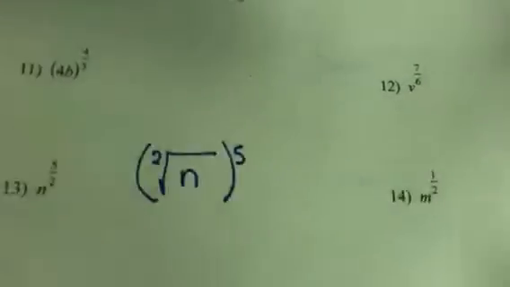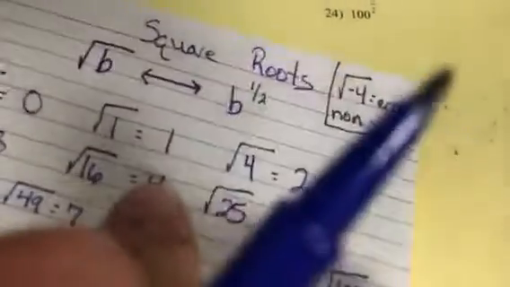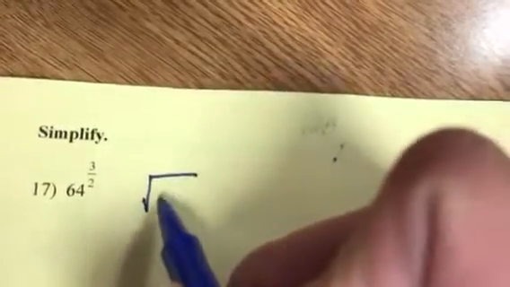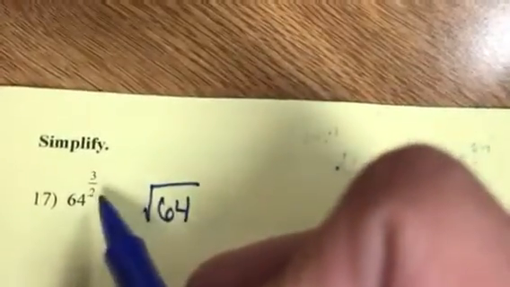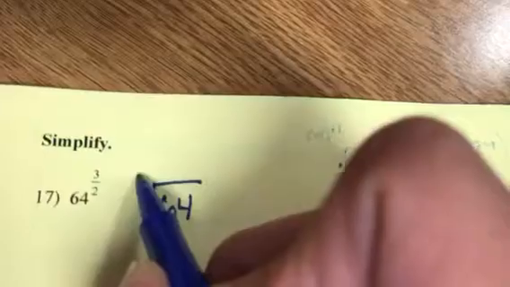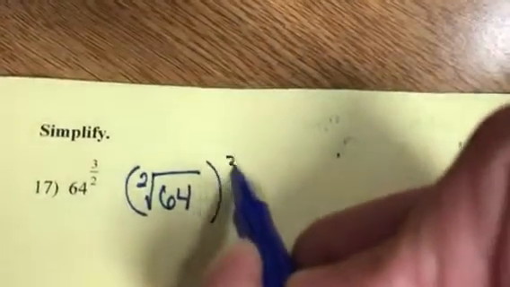So you should start with this page, because then when you get to the back, the idea is you are going to be using your note card, your cube root, your square root card, to actually tell me what these problems are worth. So right now, I don't know what 64 to the 3/2 power is, but if I rewrite it, again, the denominator is the index number, the numerator is the exponent.